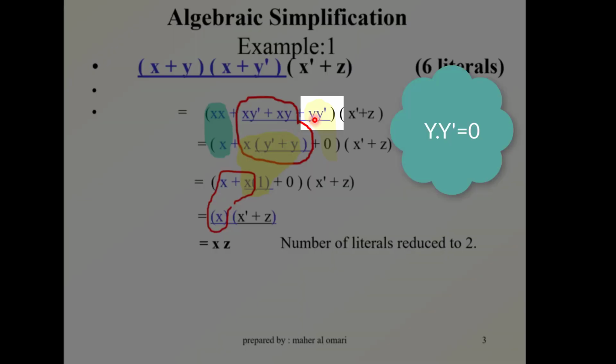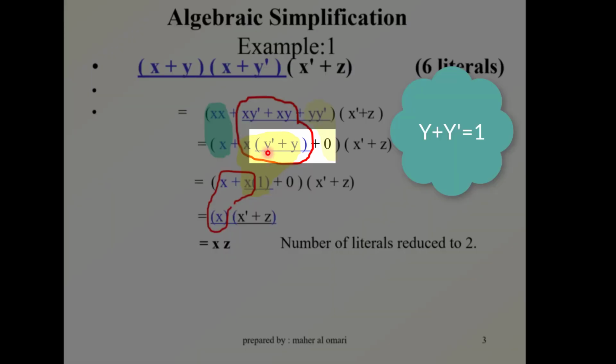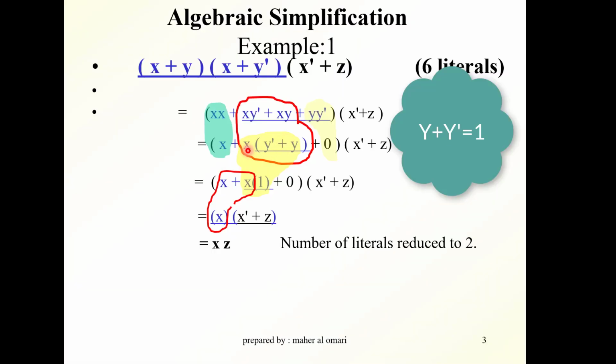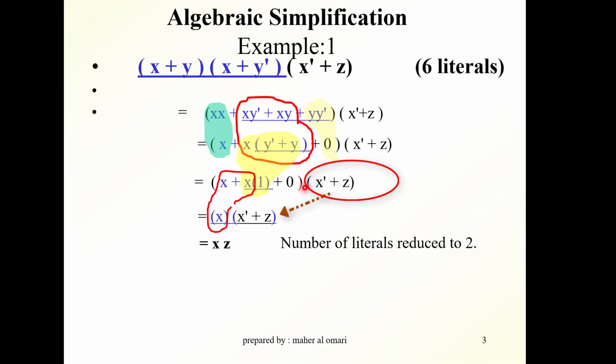And this one, Y ANDed with Y bar, will lead to a 0. This X here stays the same. And Y bar ORed with Y is equal to 1. And anything you AND with 1 is the thing itself, which is X. These two terms here, X and X, will lead to an X. And this one goes down as is. So this is the function in the product of sum form.